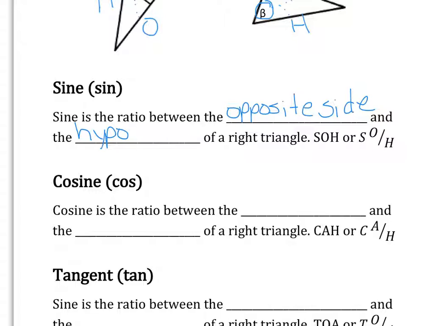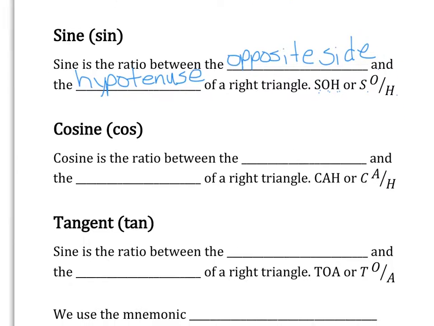A lot of times you'll see it written as SOH, sine opposite hypotenuse. That's what the letters here mean, sine opposite hypotenuse, or sine O over H. Okay? It's the ratio of opposite over hypotenuse. Now, your second trig term you're going to be looking at is cosine.